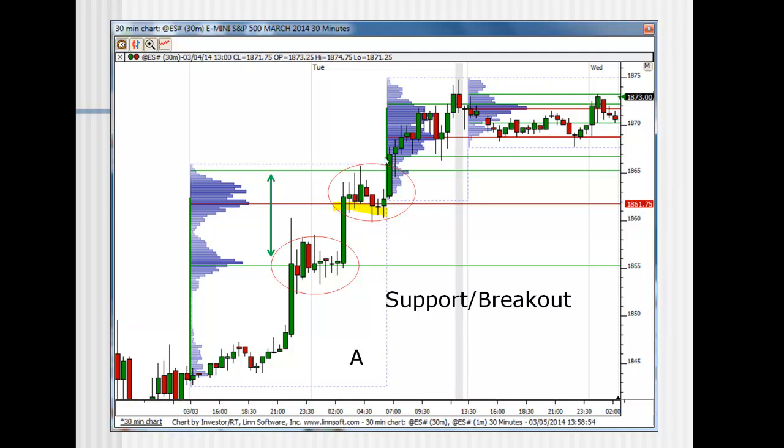What is interesting now is we are beginning a new session, what we defined earlier as session B, this session here, and price is now outside of the value area. And we know that once price moves away from value or outside the value area, one of two things is going to happen.